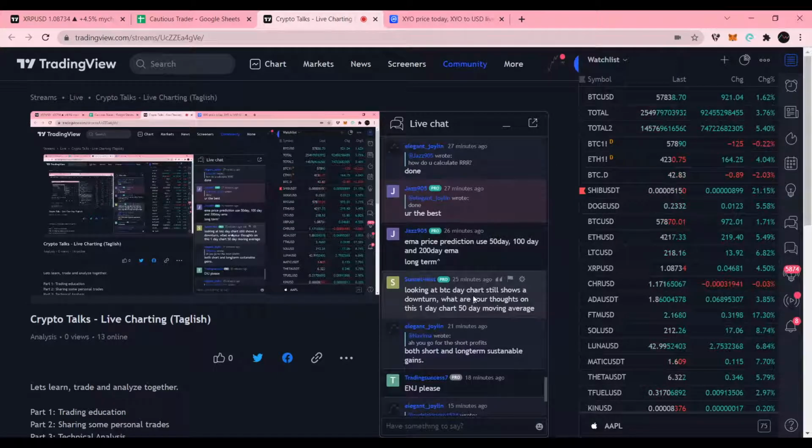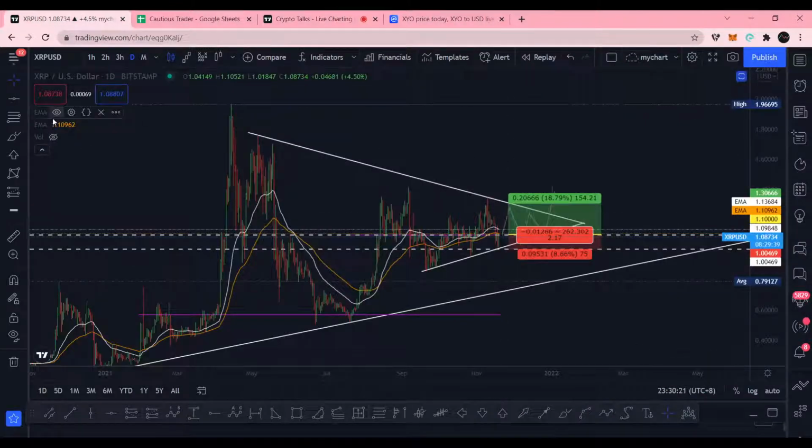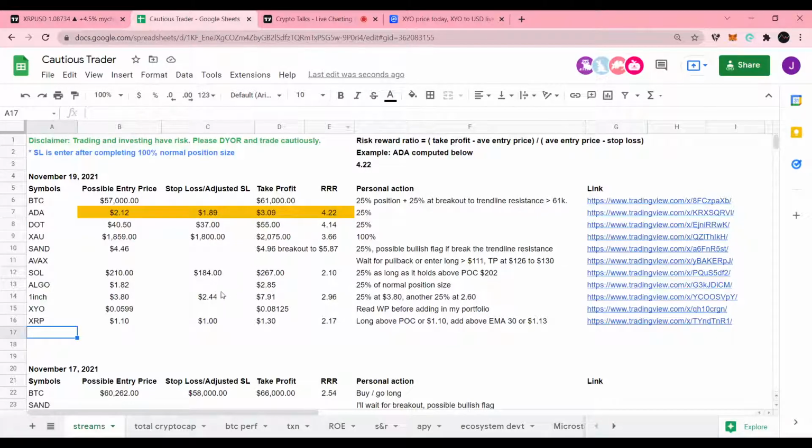Looking at BTC, the day chart still shows a downturn. What are your thoughts on the 1 day chart, 50-day moving average? Oh, I'm not using the 50-day moving average, but we can actually look.